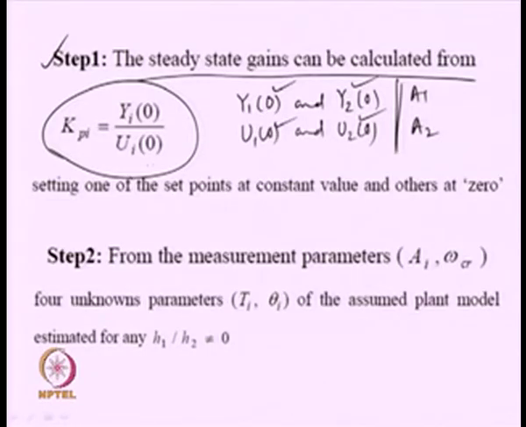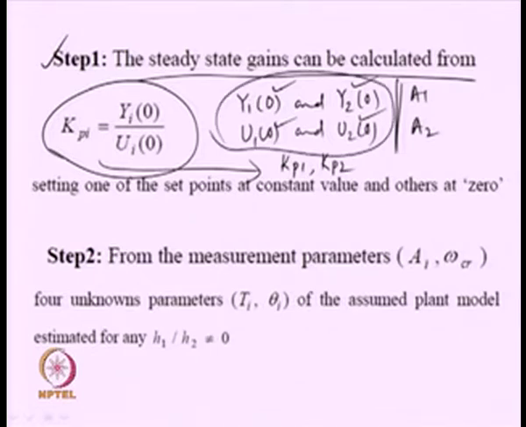With the help of these measurements we estimate 2 parameters of the transfer function matrix, those are Kp1 and Kp2. So, with the measurements of 4 values it is possible to estimate the 2 steady state gains outright. Okay?